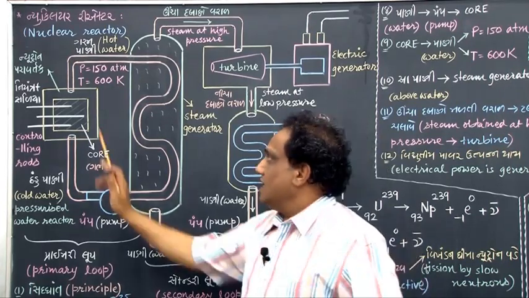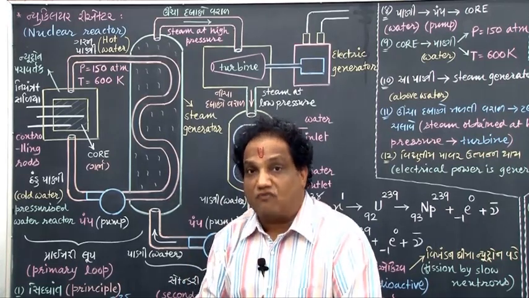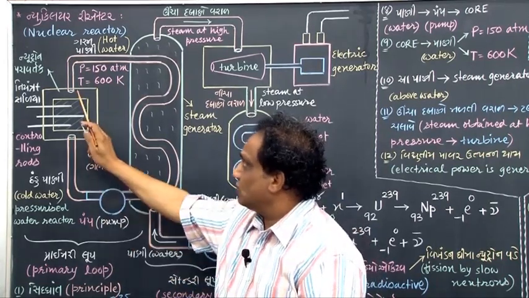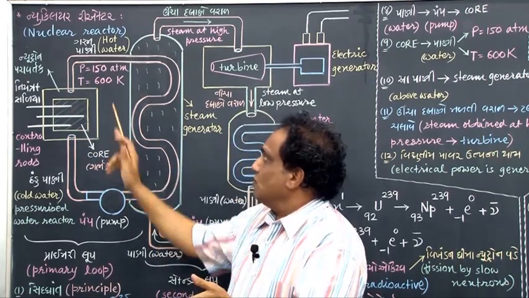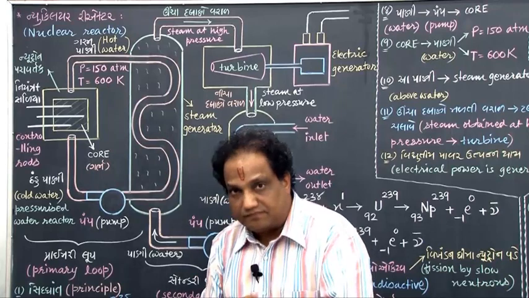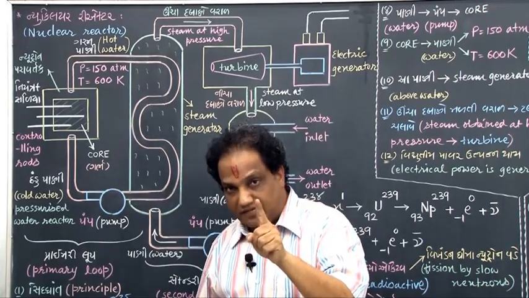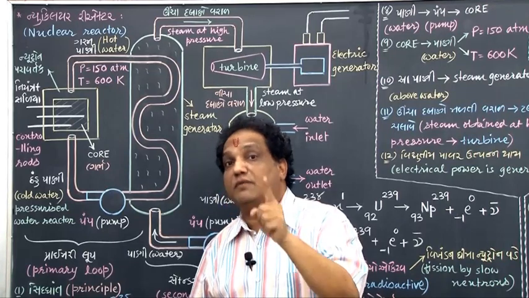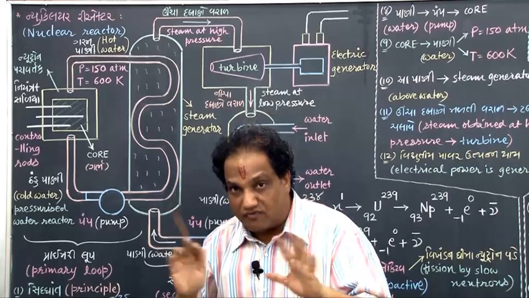Now, using that heat energy, we raise the temperature of water which is passing through this tube. We raise the temperature to nearly 600 Kelvin. Though this temperature is more than 100 degrees centigrade, it is still not the boiling point of water, because the pressure is not 1 atmosphere.